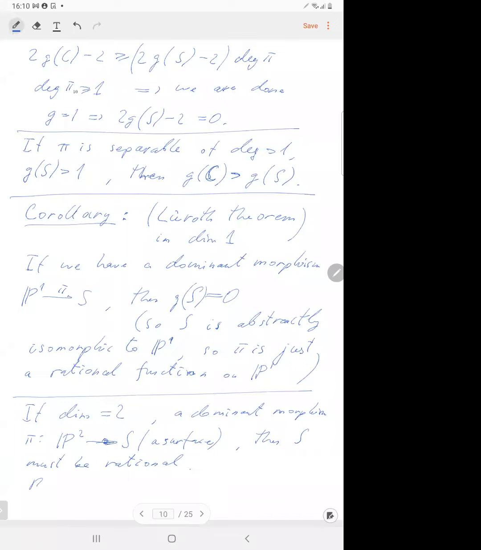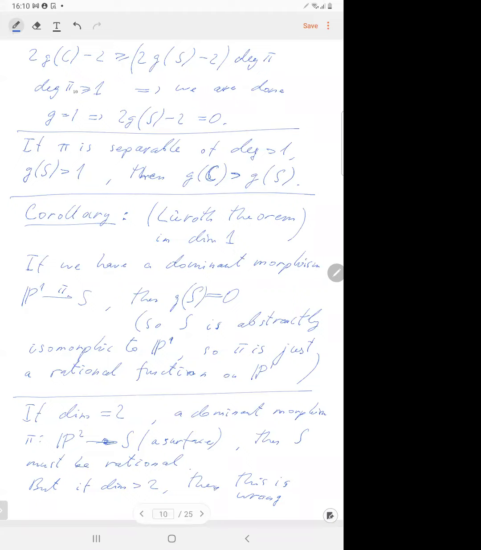But if the dimension is bigger than 2, then this is wrong. The very first counterexamples were found maybe only like 50 years ago, in the 70s.